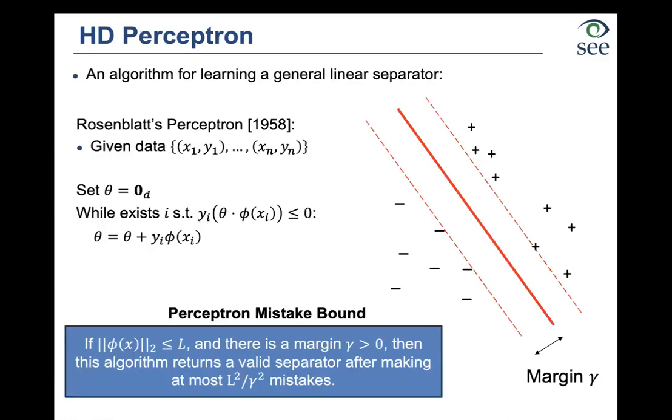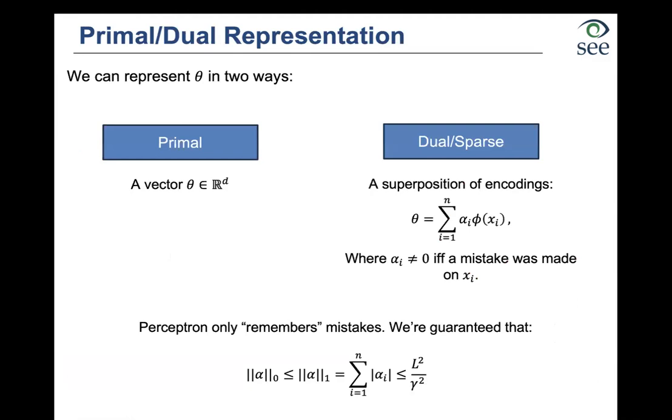If we look at the update rule, whenever the algorithm makes a mistake, it just adds in the embedding of the point in question times the label. That's either adding or subtracting that point from the separator. And so we can view the weight vector as this linear combination of encodings of data, where this coefficient alpha is non-zero if and only if the algorithm made a mistake on xi.